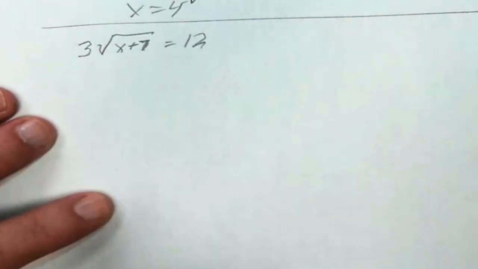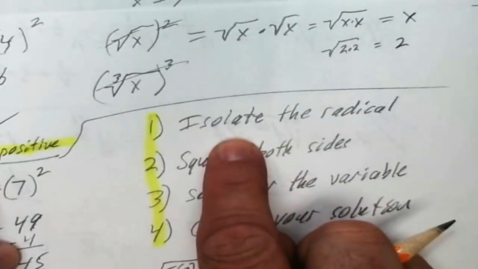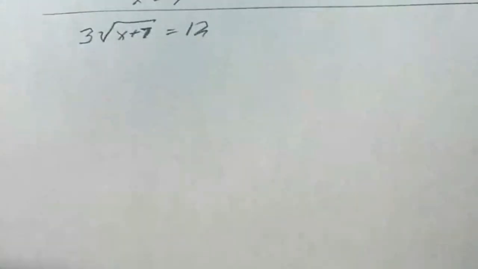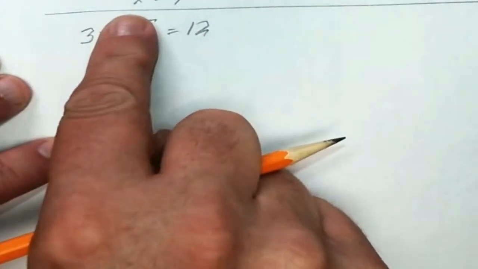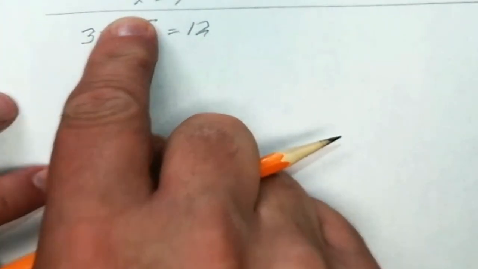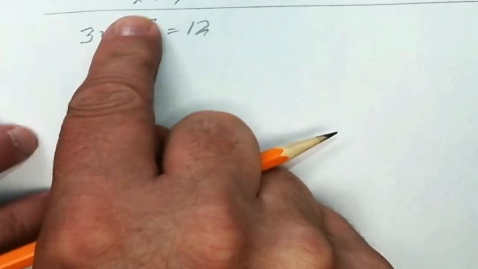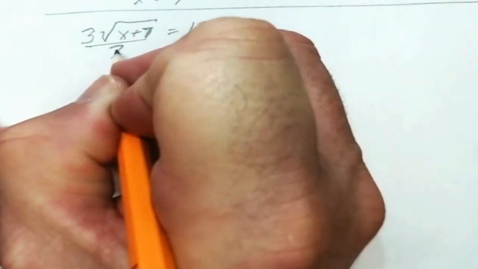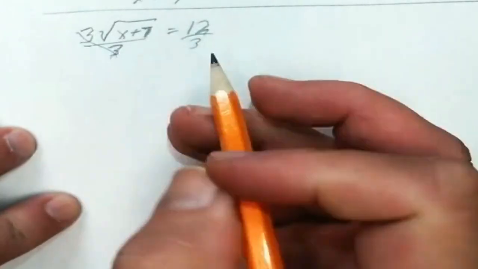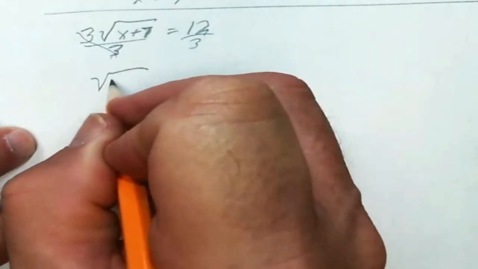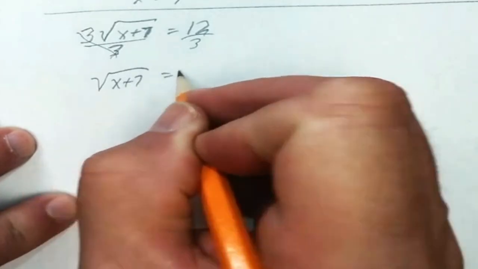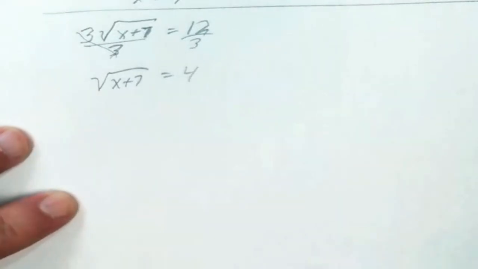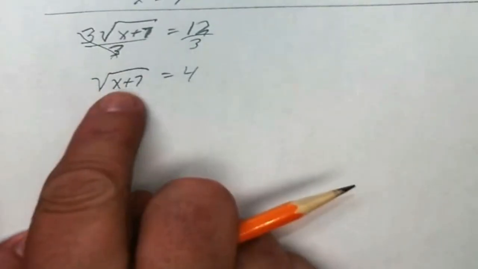Well, still, the first step, isolate the radical. The radical is not quite by itself. It's being multiplied by 3. See? So if we just divide everything by 3, 3 divided by 3, so this is just the square root of x plus 7, 12 divided by 3. Now it's isolated. There's nothing there anymore but the radical.